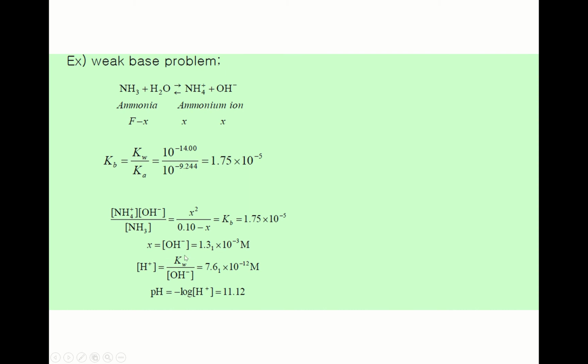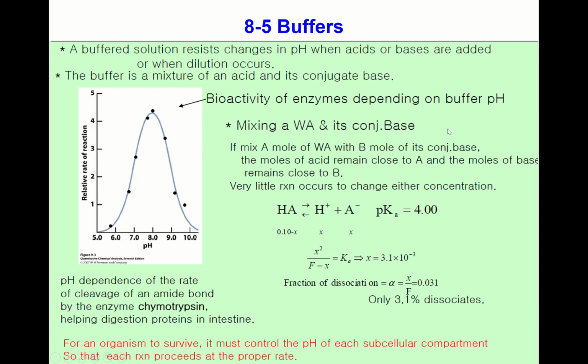From this hydroxide ion, we calculate the proton concentration from Kw and hydroxide ion, and it is 7.61 times 10 to the minus 12 molar, and pH is 11.12. So when ammonia gas is dissolved in water, the solution becomes basic. Very easy. Now we enter buffer.